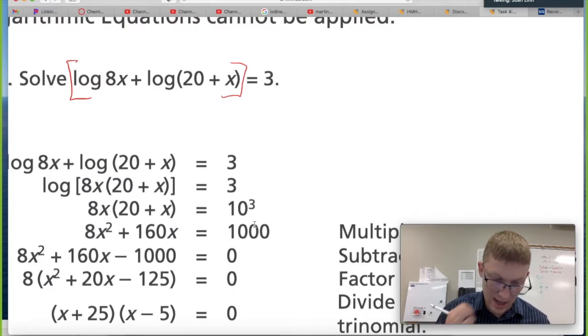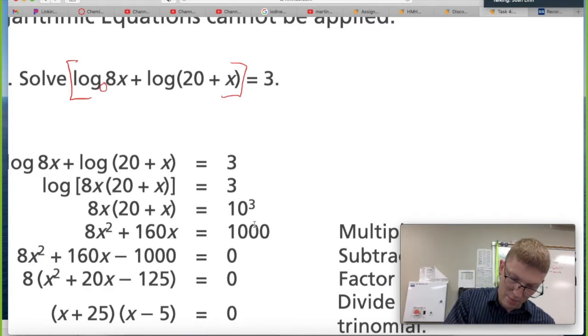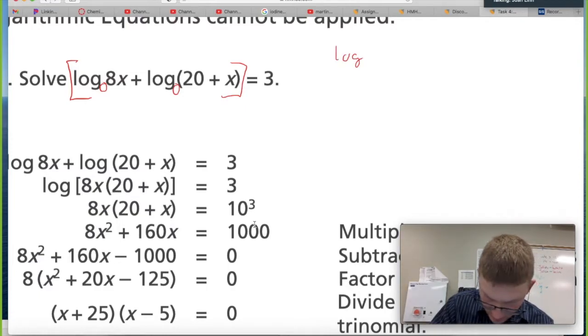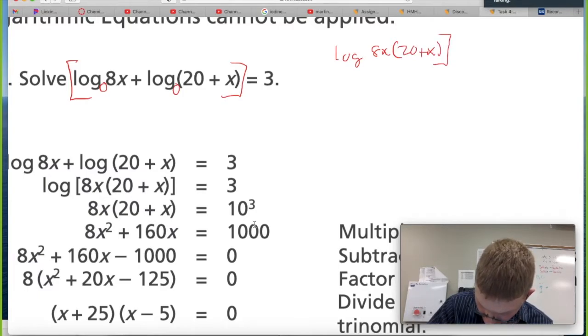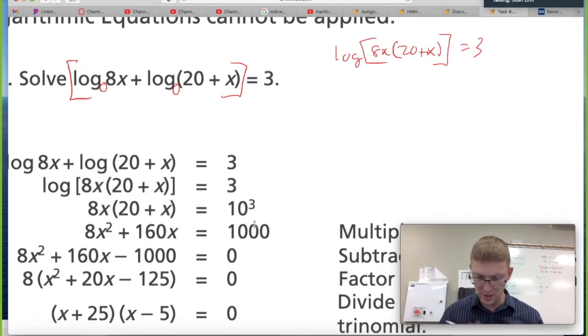Because they're adding together and they are the same base, both common logs, that is equal to log base 10 of 8x times 20 plus x equals 3.